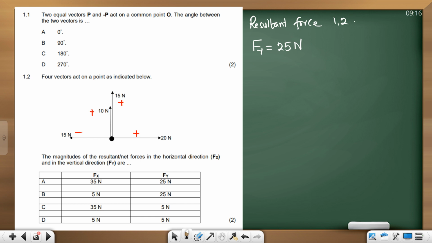Then our horizontal, where will it be? Let's say this one is upwards. Is that fine with you there? What about Fx? Which one is longer? The one on the right, the 20. Yes. So our Fx should be 5 newtons in which direction? East. Everybody okay? So we're going to have something that looks like this.